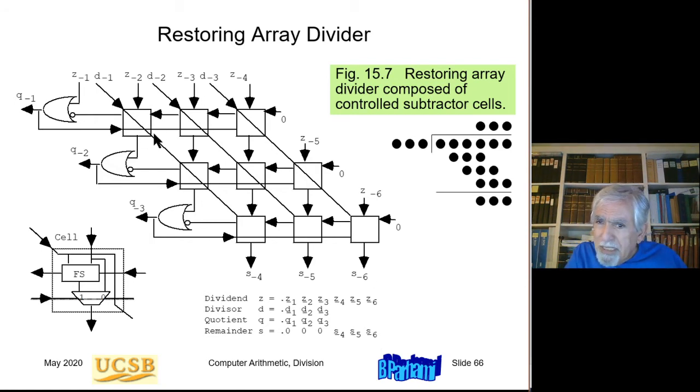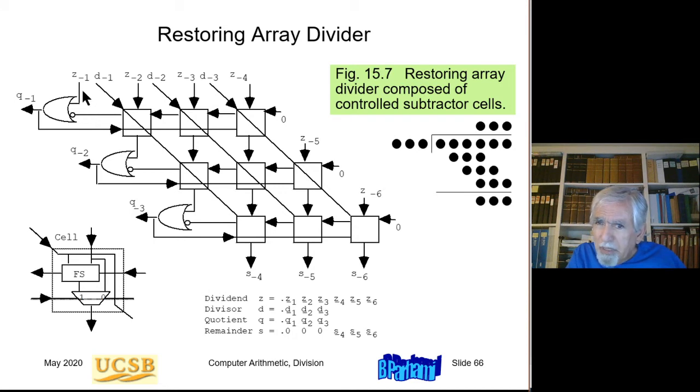So each of these cells basically corresponds to one of these dots. So when this dot is being subtracted from there, this cell does the job. When this dot is being subtracted from there, this cell does the job. And then there is a borrow. So this is the borrow chain going across a row.